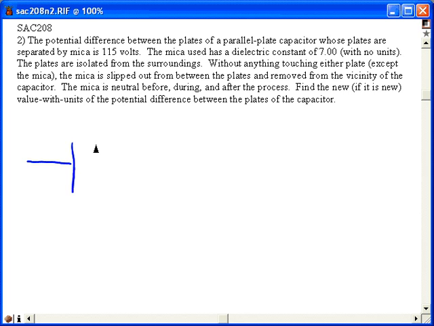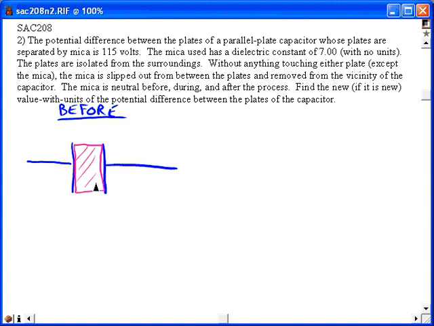but there can be no charge. Check out the capacitor. We'll draw a before and after picture. Here's the before picture. The capacitor is charged up. It's got some mica in it. So in this before picture, it's already been connected across the power supply so that the voltage is 115 volts, and the power supply has been disconnected.